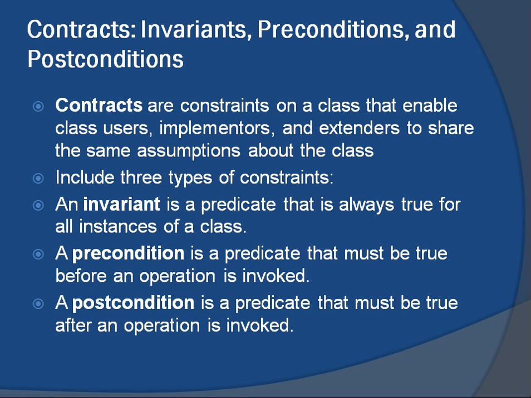A contract defines the class, which helps the class user, extender and implementer to share the same information about the class. This includes 3 types of constraints. Invariant, which is a predicate that is always true for all instances of a class. These are things that will always be true. They are not going to change for any of the instances of a class.